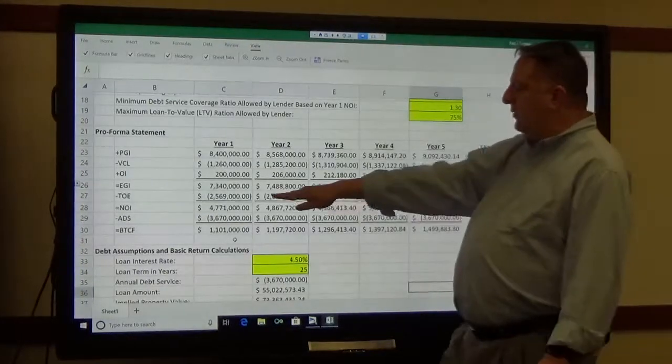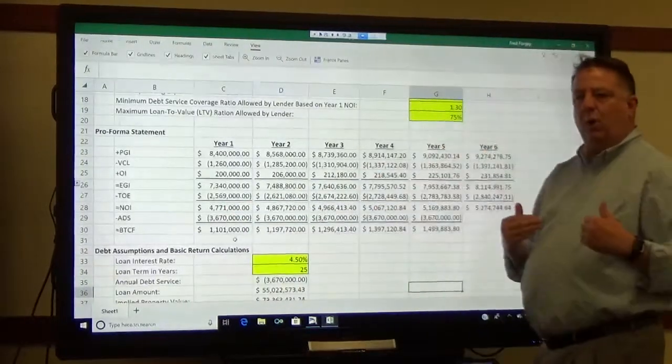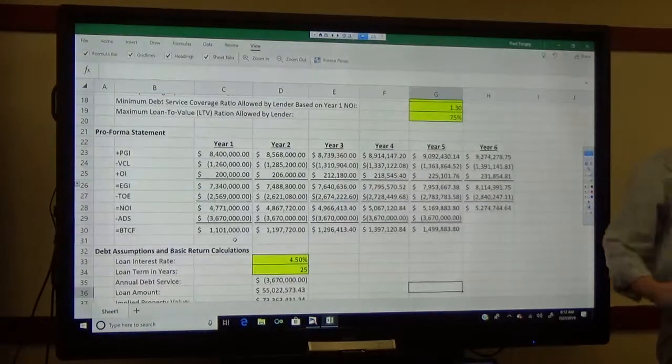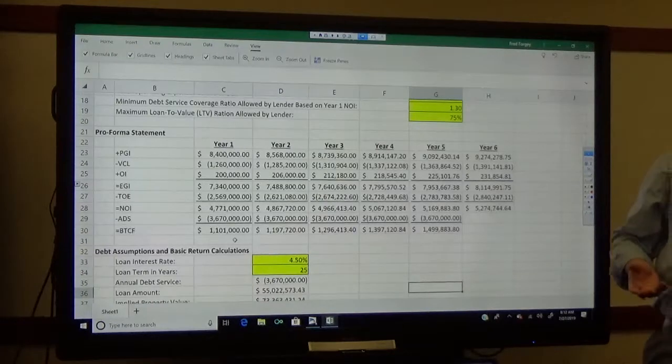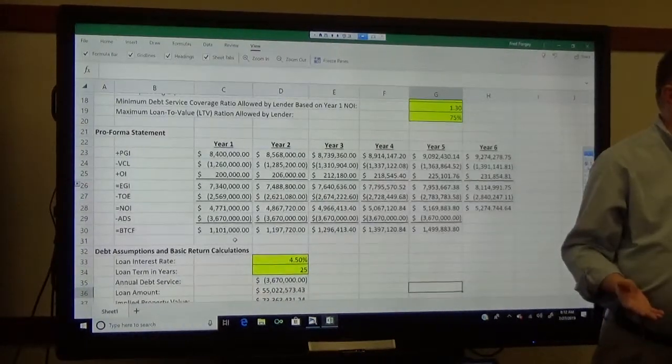All right, so we've got our net operating income, and the way that I'm working this model is from the approach that we know what the income is on the property, we know what our expenses are, but now what we want to know is how much debt we can take on.